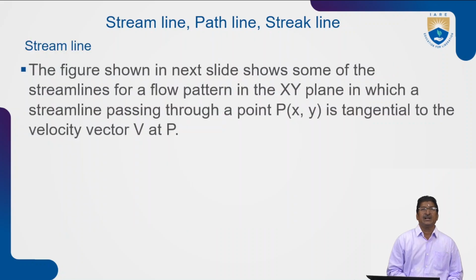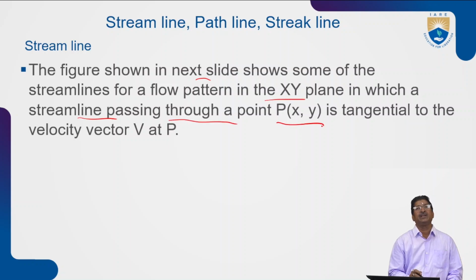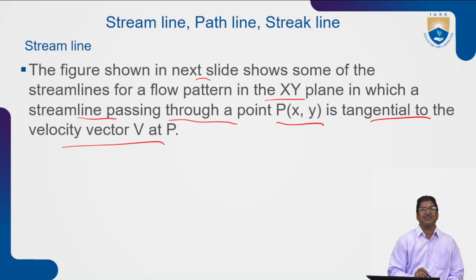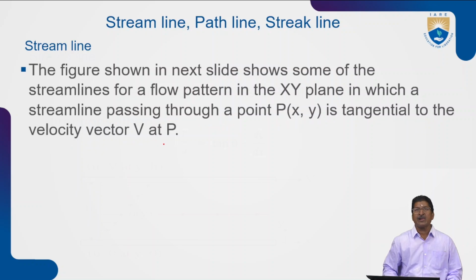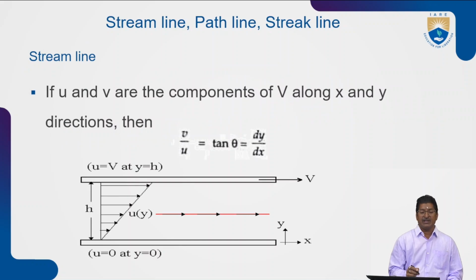So here are streamlines. The figure is shown in the next slide. Streamlines for a flow pattern in the XY plane, in which the streamline passing through the point P, x comma y, is tangential to the velocity vector at P. You can see this figure. It is a material at y equal to 0, u is equal to 0.